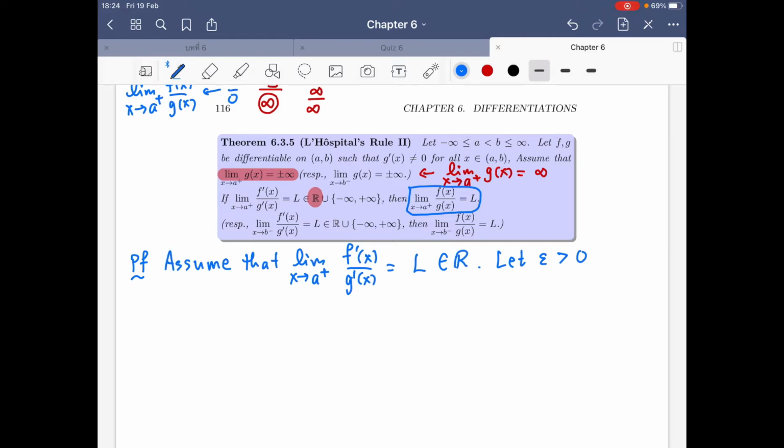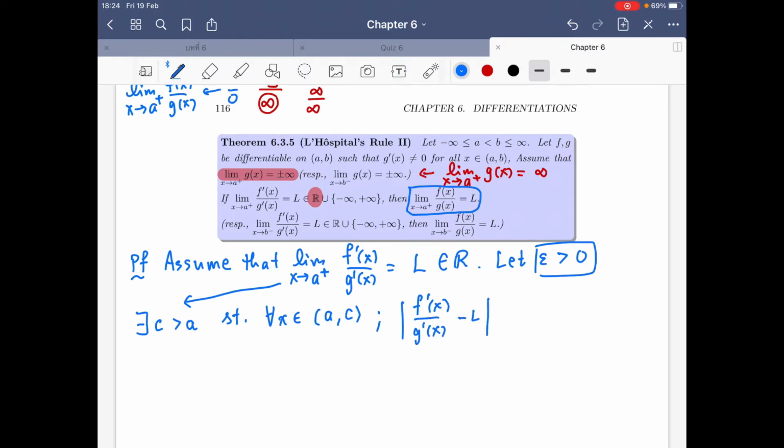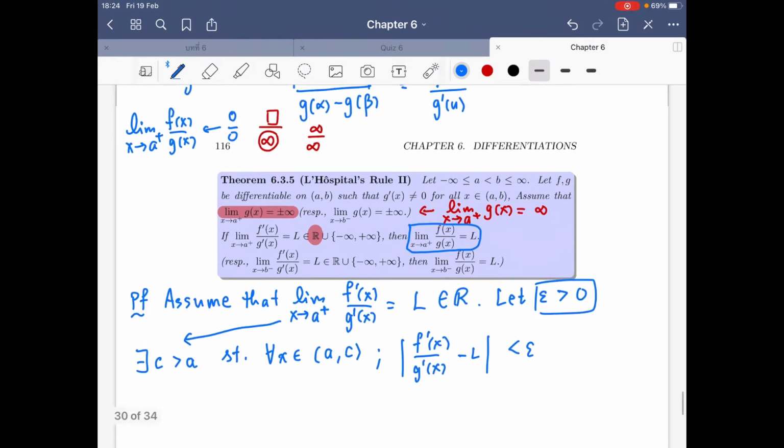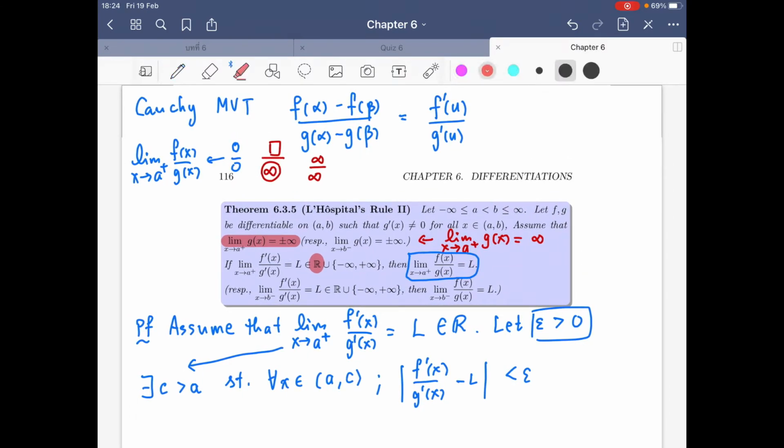However, before we go to that, by this epsilon and by this limit, you can first find a c, greater than a, such that for every x inside the interval from a to c, |f prime(x) over g prime(x) minus L| is less than epsilon. You may see immediately that here is the link between f prime and g prime and f and g themselves. Later on we are going to use the Cauchy mean value theorem.